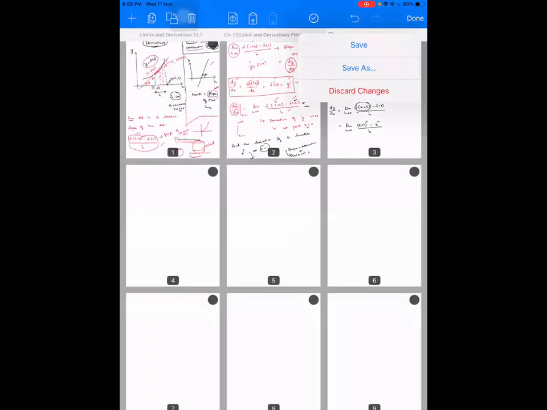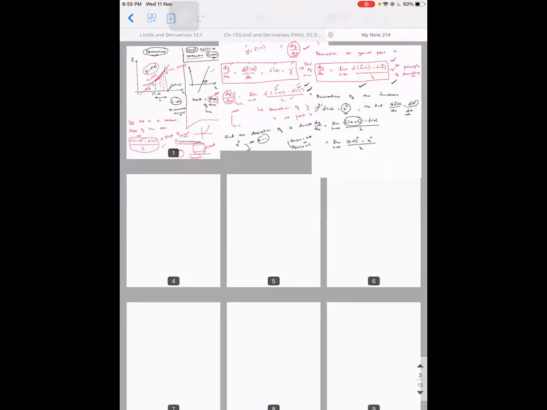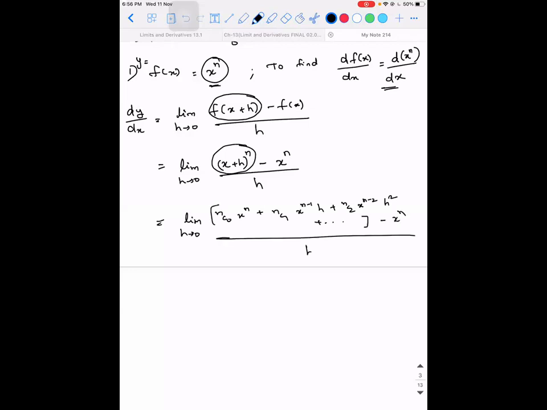Now see. So this will be equal to limit h tends to 0, x plus h the whole power n. What is the formula? nC0 x power n plus nC1 x power n minus 1 into h plus nC2 x power n minus 2 into h square plus so on, minus x power n, the whole divided by h.